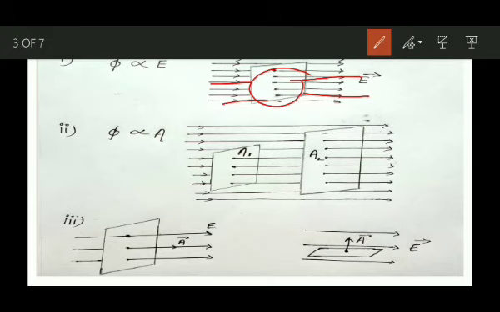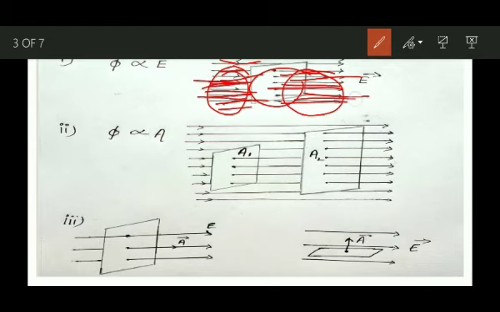On the other hand, if the electric field lines are minimum, the electric flux is definitely minimum. So the conclusion is: greater the magnitude of the electric field, greater will be the electric flux. Lesser the electric field, lesser will be the electric flux.